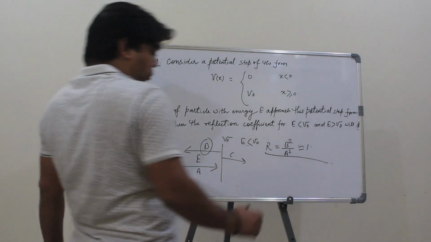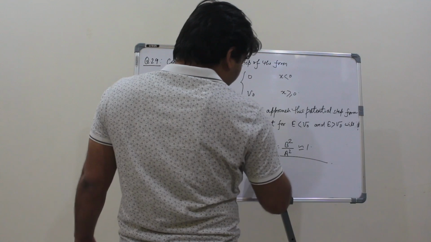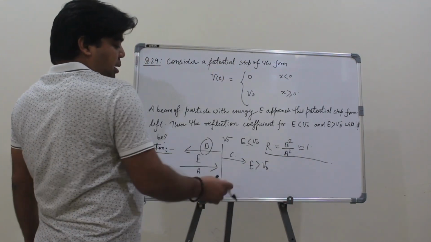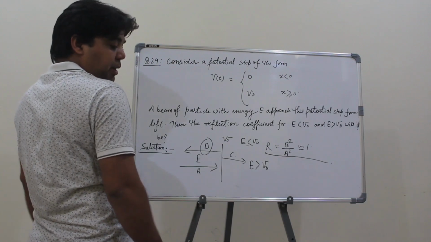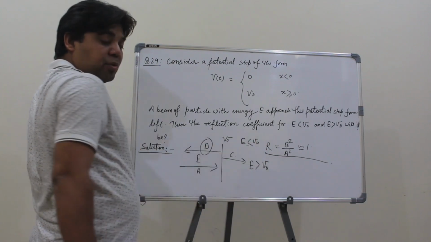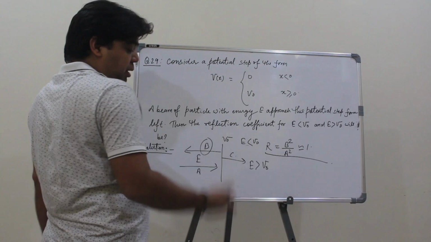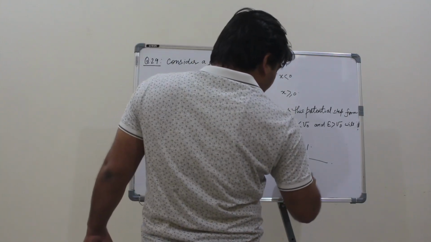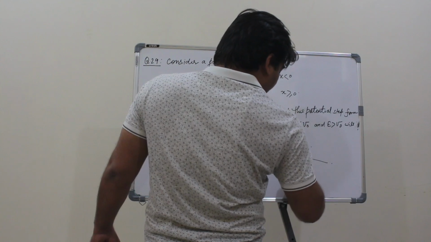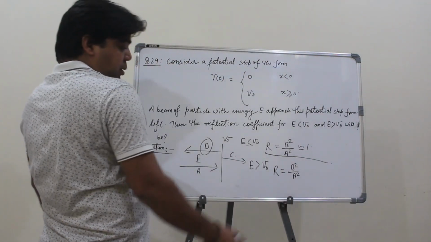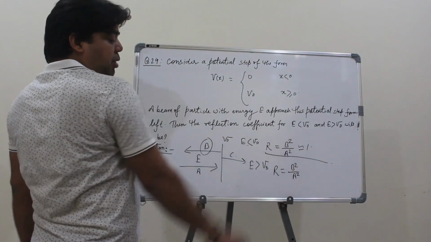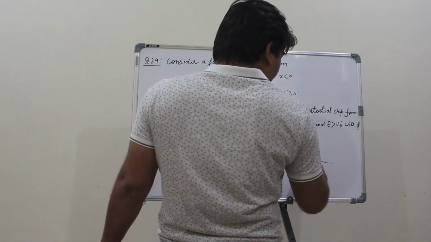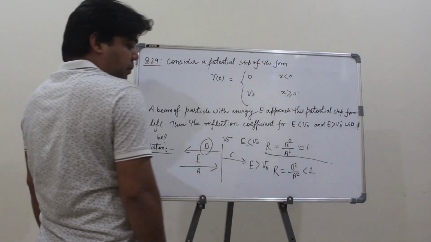Remember that. What happens for E greater than V naught? In this case, the particle will cross through the barrier and its amplitude will be divided. Some of the amplitude will pass through, some of it will get reflected. So the reflection coefficient R is B squared by A squared. Now in this case, B squared is not equal to A squared, but less than A squared, which is less than 1.